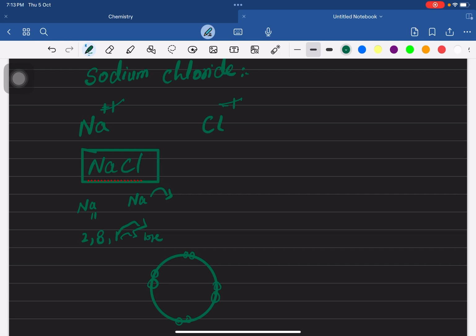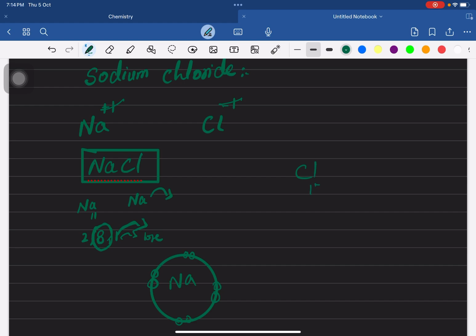Now what is the last shell? The last shell is the one in which it has 8 electrons, because this one has been lost. So we will show the previous shell in which there are 8 electrons. Okay, it is Na.